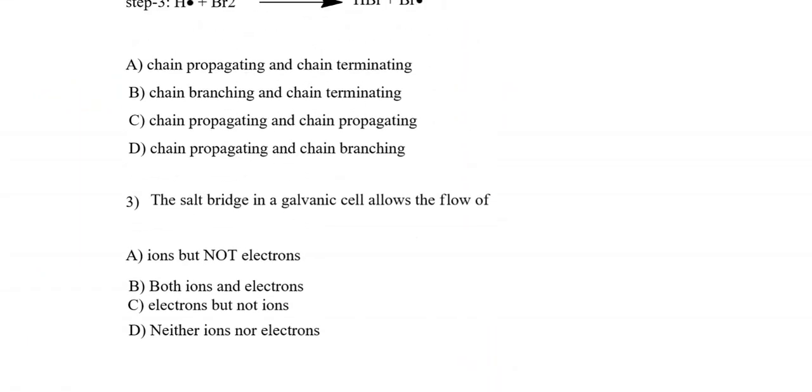Here, the salt bridge in a galvanic cell allows the flow of. So here we can see the salt bridge is an inverted U shape.